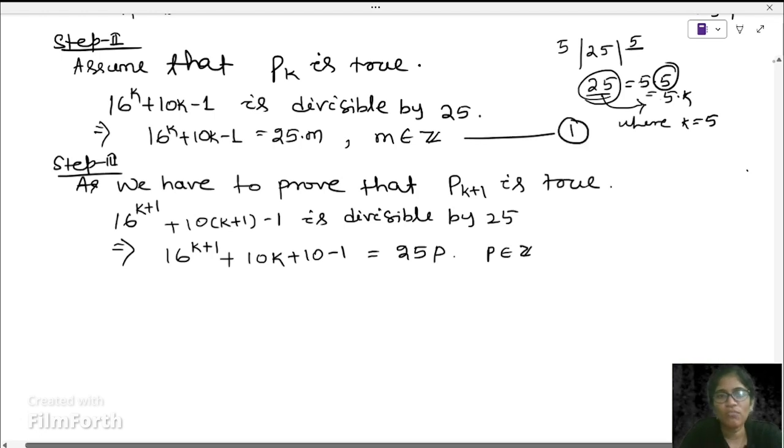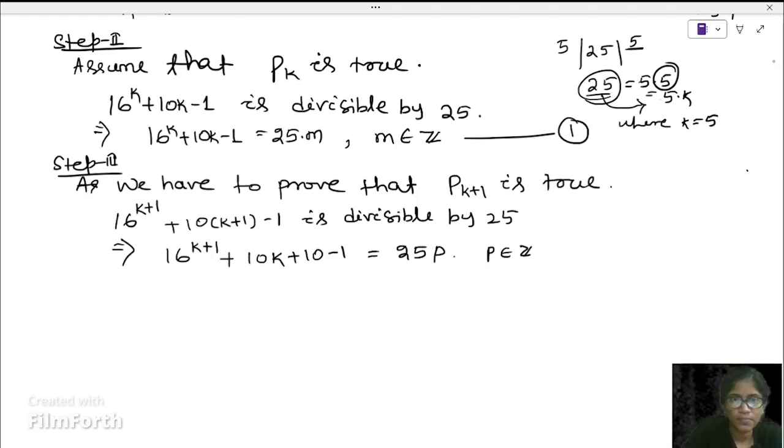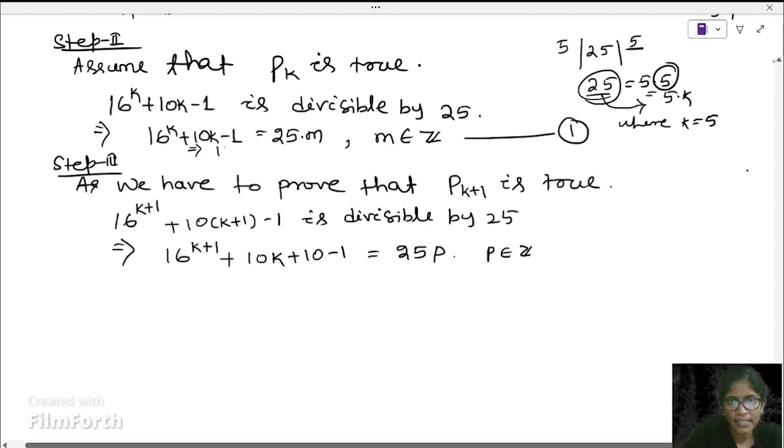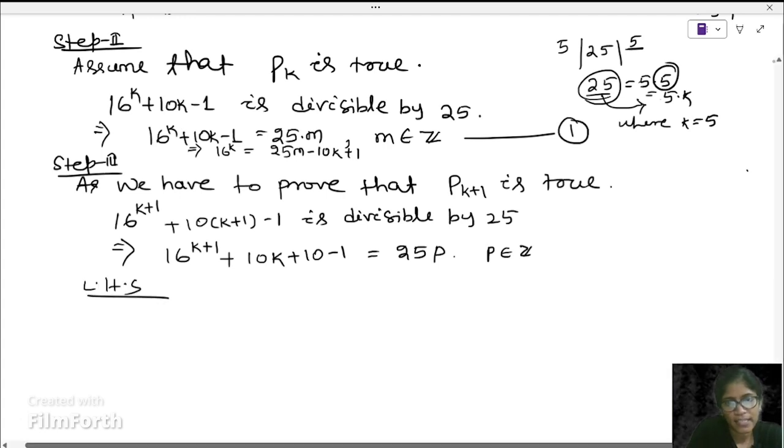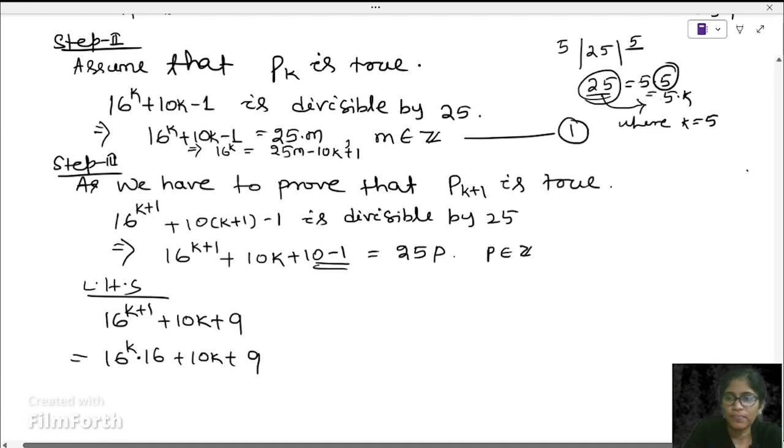Taking this as equation 1. From equation 1, we can write 16 to the power k is equal to 25m minus 10k plus 1. Now from the LHS, 16 to the power k plus 1 plus 10k plus 10 minus 1, which is equal to 16 to the power k into 16 plus 10k plus 9.